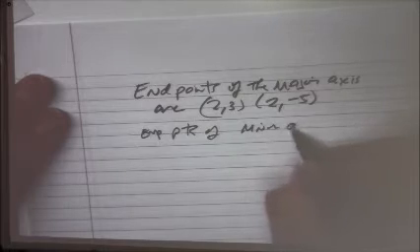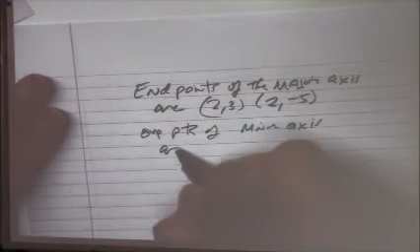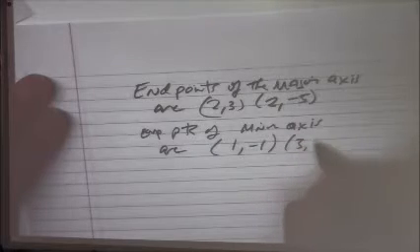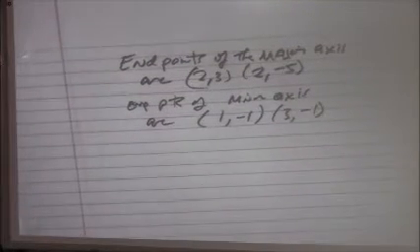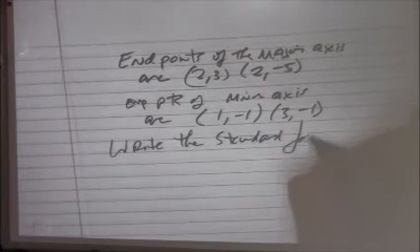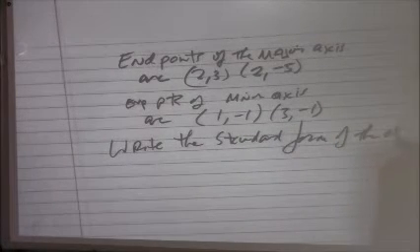Endpoints of the minor axis are (1, -1), (3, -1). I'm going to give you that information and tell you to write the standard form of the ellipse.